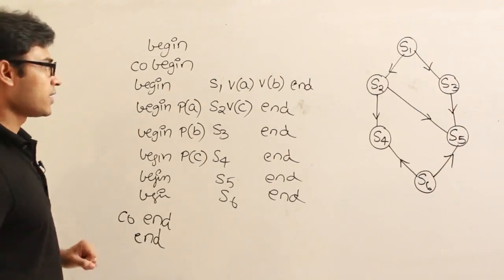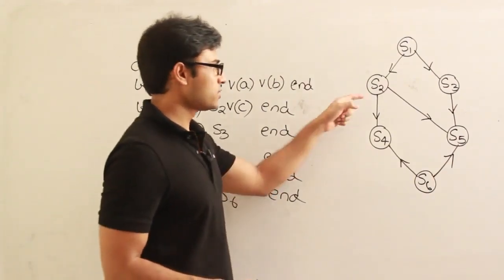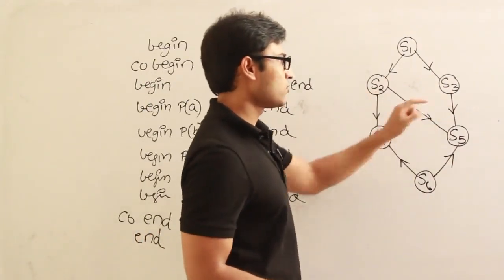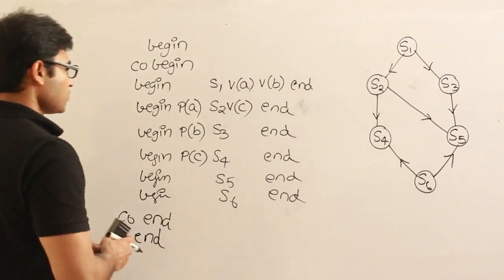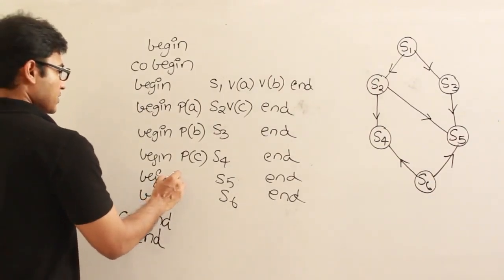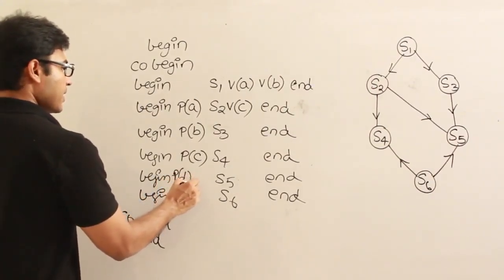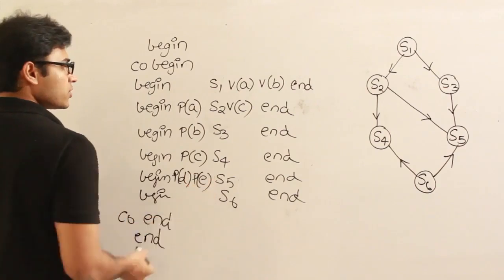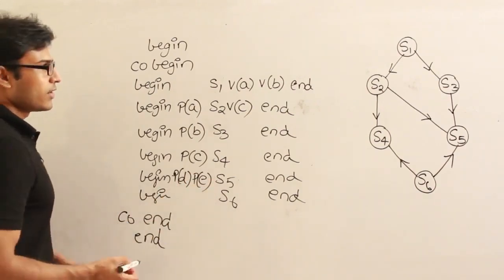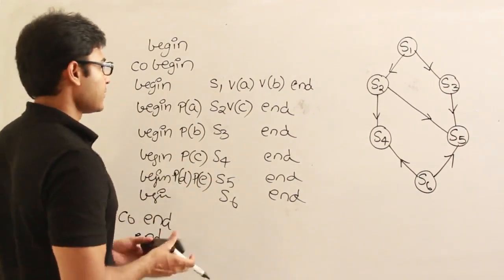And if you look at S5, S5 is depending on two statements, S2 as well as S3. Therefore S5 should wait for two semaphores, let us say P on D and P on E. Who should signal it? One is S2 and one is S3.